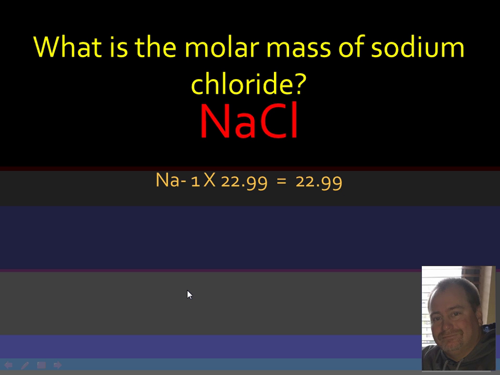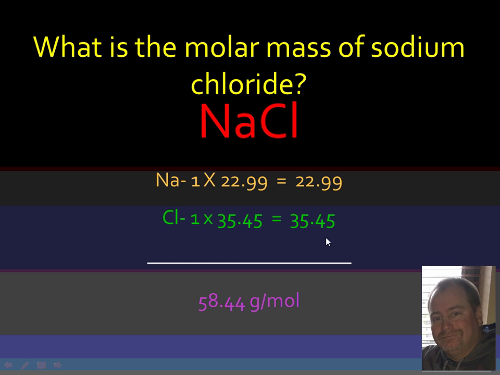Now, sodium 22.99. What's chlorine? 35.453. Now, what would it equal if I would add those 2 values together? 22.99 plus 35.45 will give me 58.44 grams per mole.